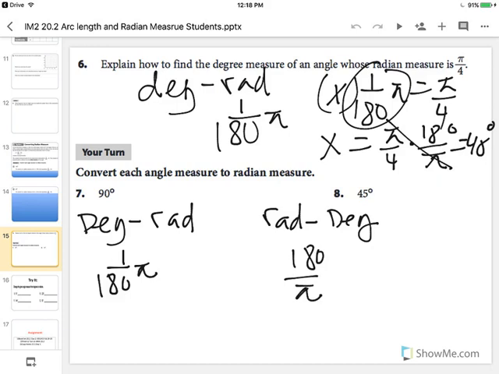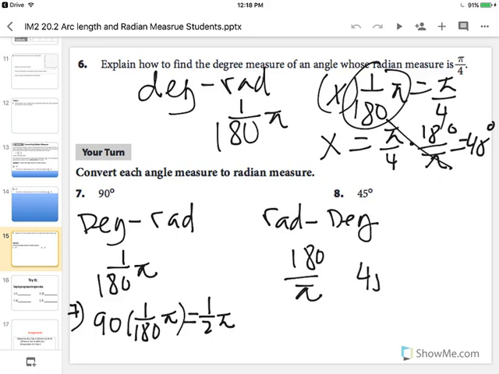Okay? Right, so let's start with number 7. So convert each angle measure to radian. So we have 90 degrees times 1 over 180 times pi. So this reduces to 1/2 pi. Right? And then the same here for 45 degrees.